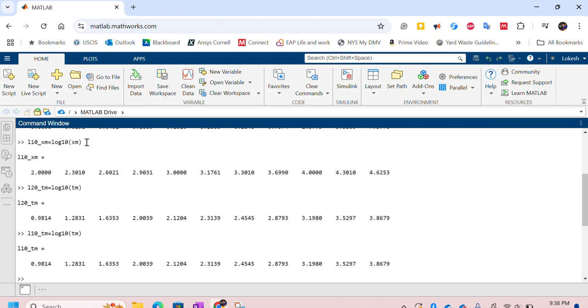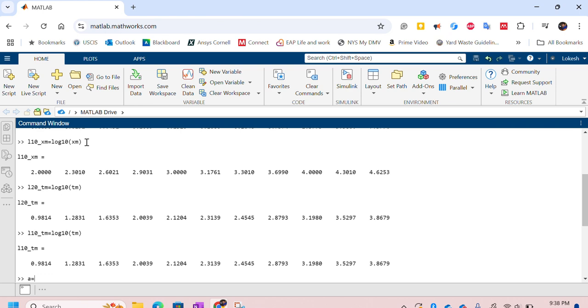So what I'm going to do here is I'm going to use these two to get my linear fit, right? So I'm going to need my intercept and slope. So I'm just going to use polyfit for that.